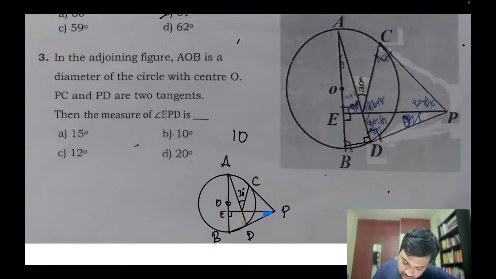If I join O to this, it should be 90 because it's a right angle, but I don't know that that's useful. We can calculate these two, but we want to calculate here.